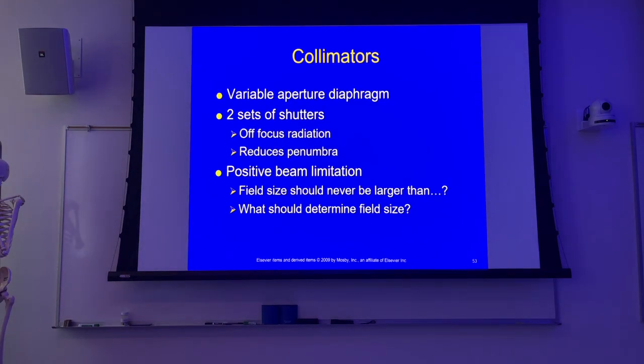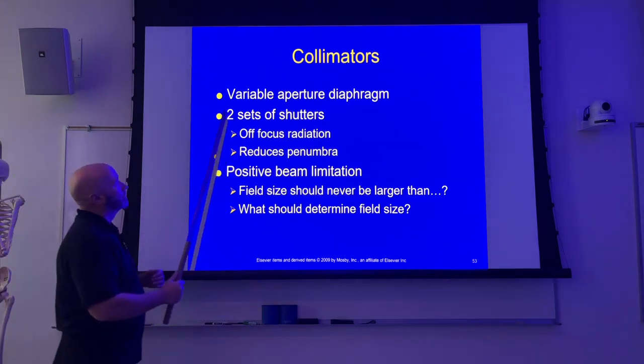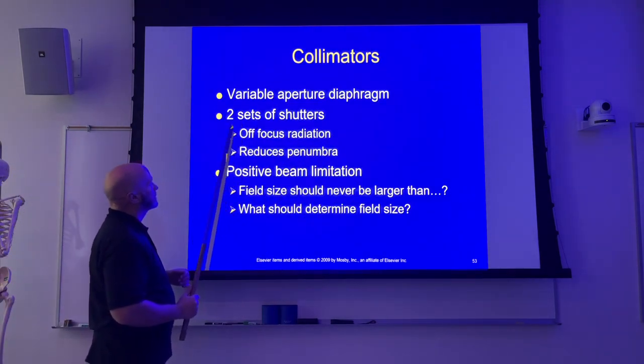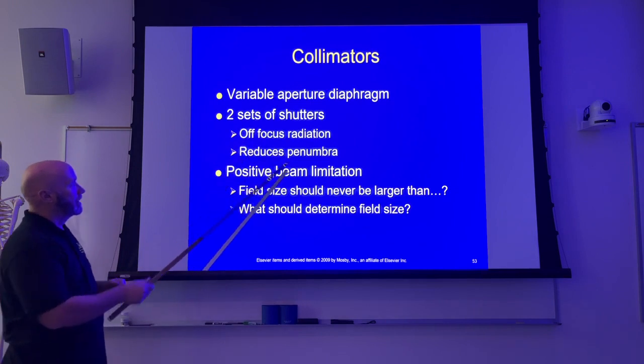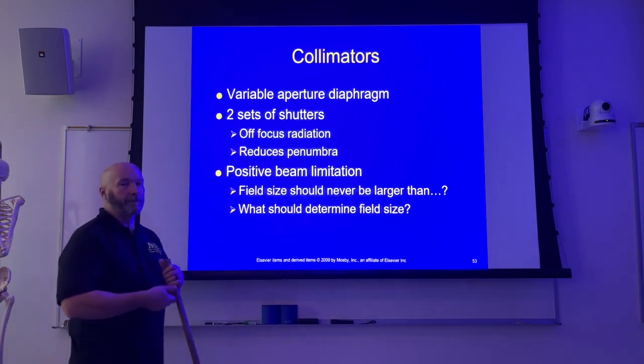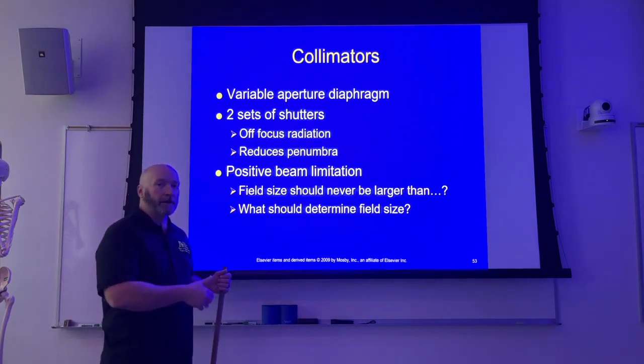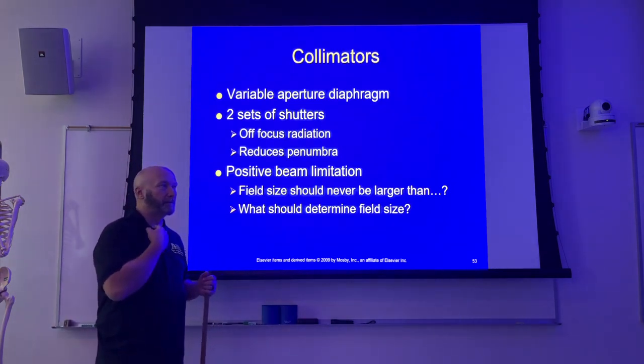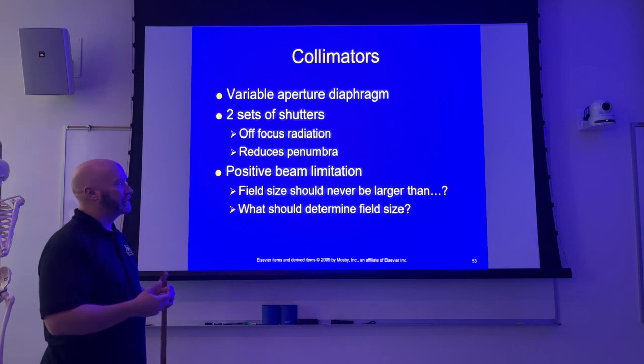Okay, so we have two sets of collimators. So two sets of variable aperture diaphragms, two sets of shutters. One catches off-focus radiation and reduces the penumbra. Remember, penumbra bad, umbra good. Penumbra means lost sharpness of recorded detail.